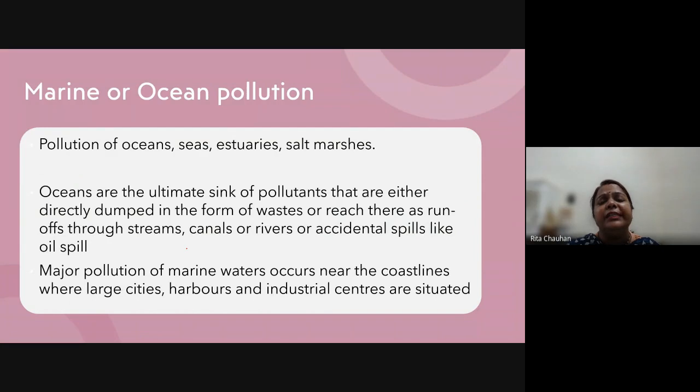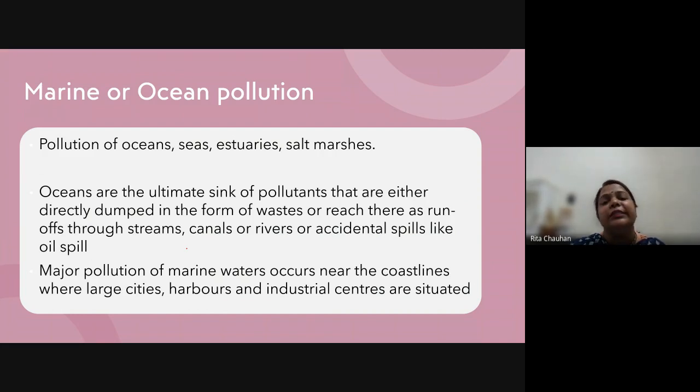And recently we are having more and more ocean pollution also. Many countries are depositing, throwing out their pollution into the deep ocean, which is also called ocean dumping. So oceans have become the sink of pollutants.